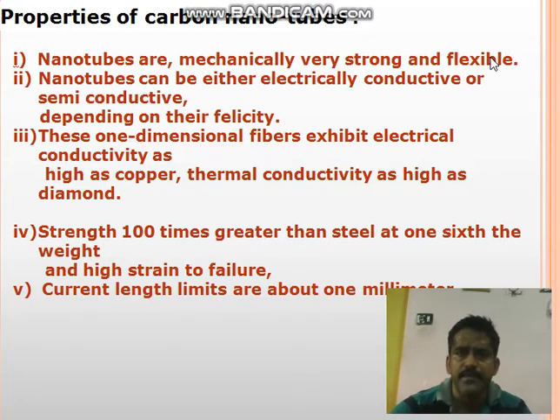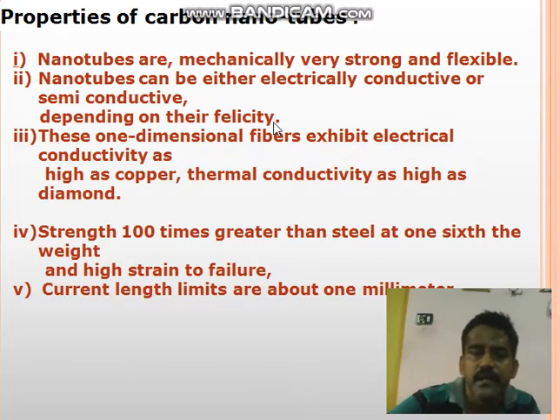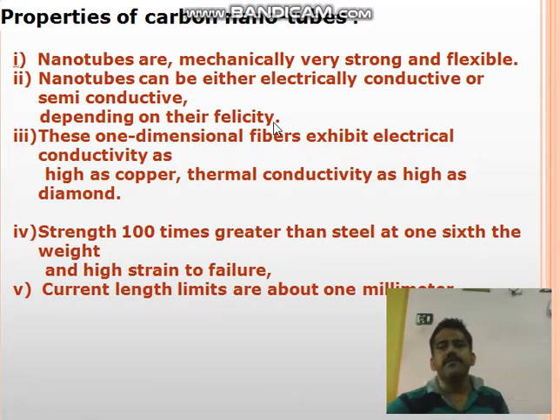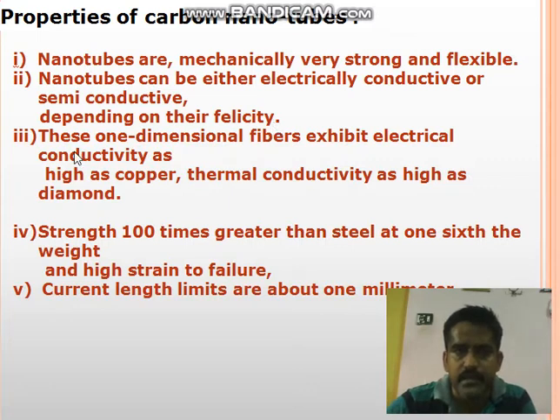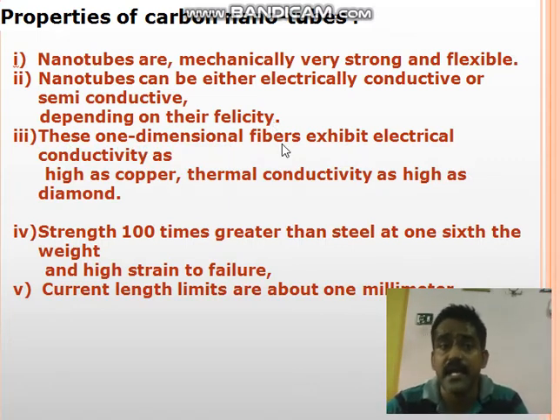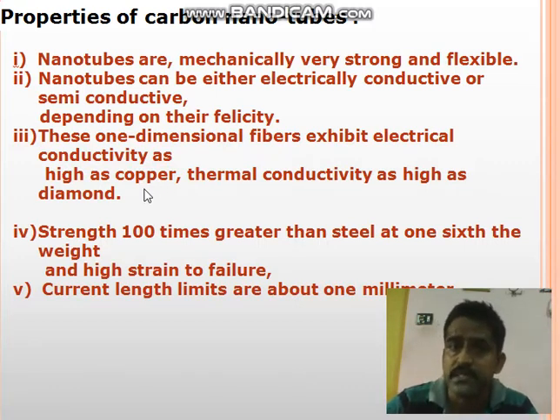Nanotubes can be either electrically conductive or semiconducting, and depending upon their structure, their properties change. This one-dimensional fiber exhibits electric conductivity as high as copper.